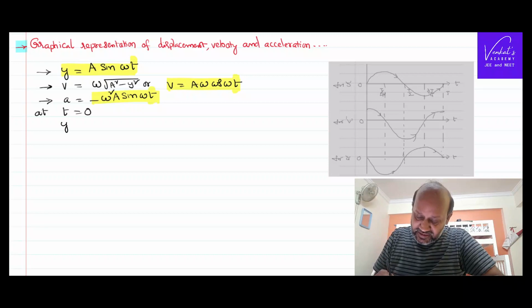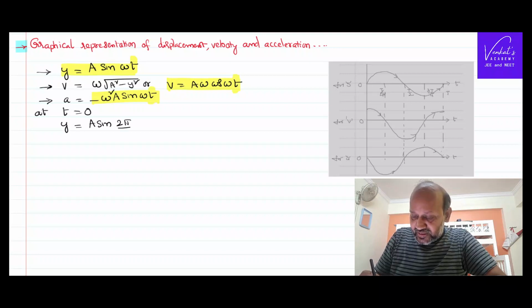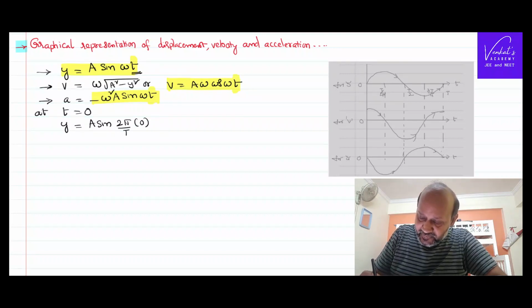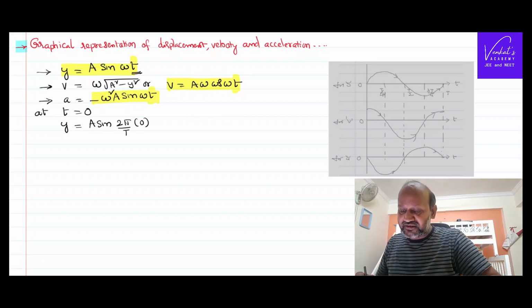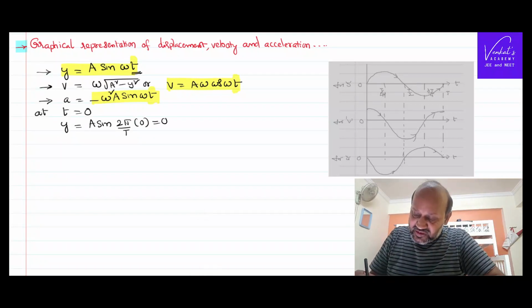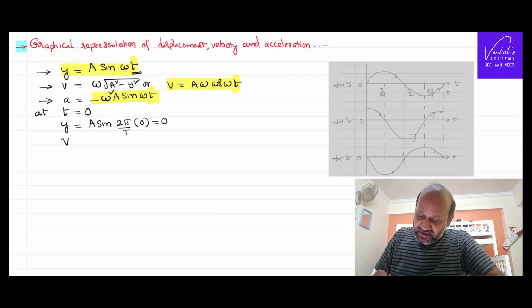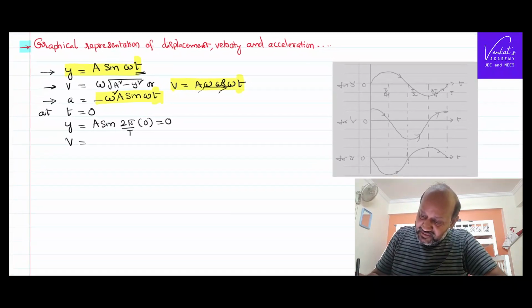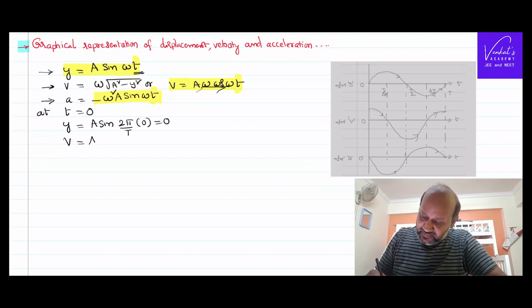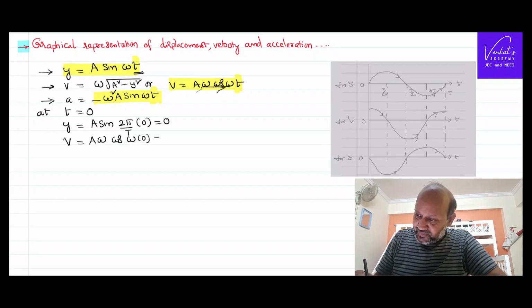Displacement is y equal to a sine omega t, where omega is 2 pi by T. At time equal to 0, displacement is 0. For velocity, a omega cos omega t, again t equal to 0.